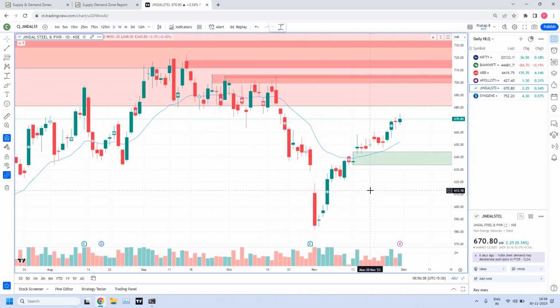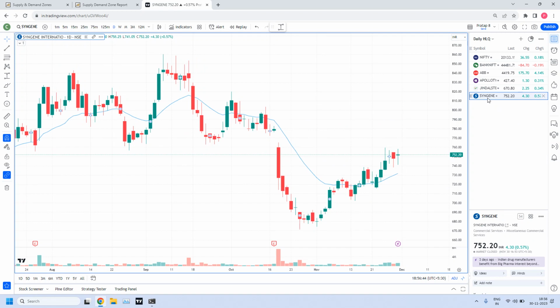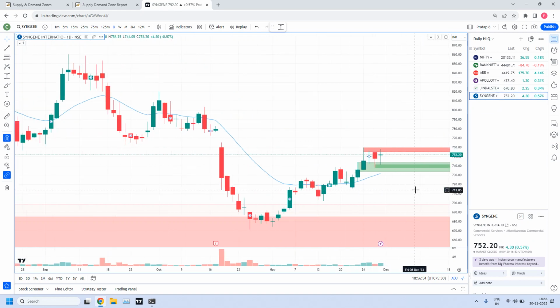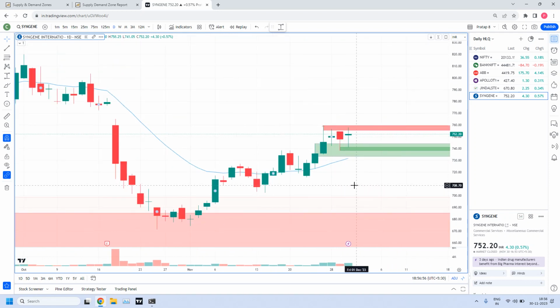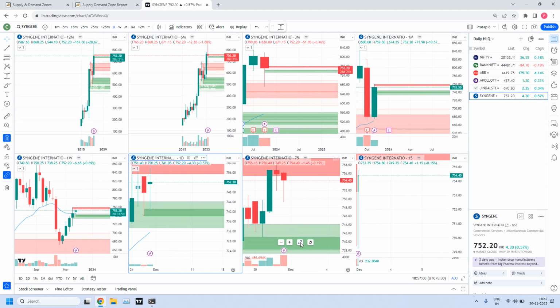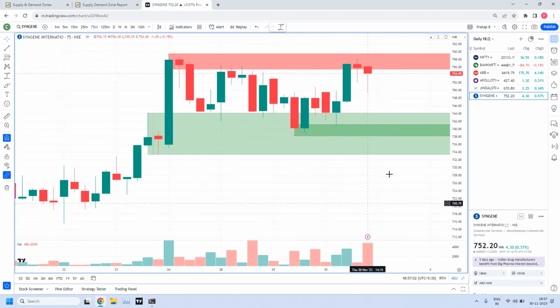And today we got one successful trade, that is Shenzhen International. This is a 75 minutes demand zone trade. A 75 minutes high liquidity demand zone.